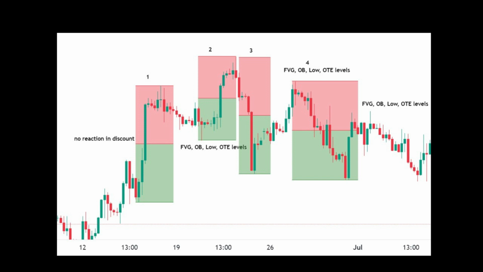For example, what would someone who's not trading a system do? You have the first impulse, I have the second one, and then a third. But someone would say, if I join 1 and 2, because 2 is not that strong and doesn't look like a different move, then definitely I get a reaction below the discount of that compounded impulse.